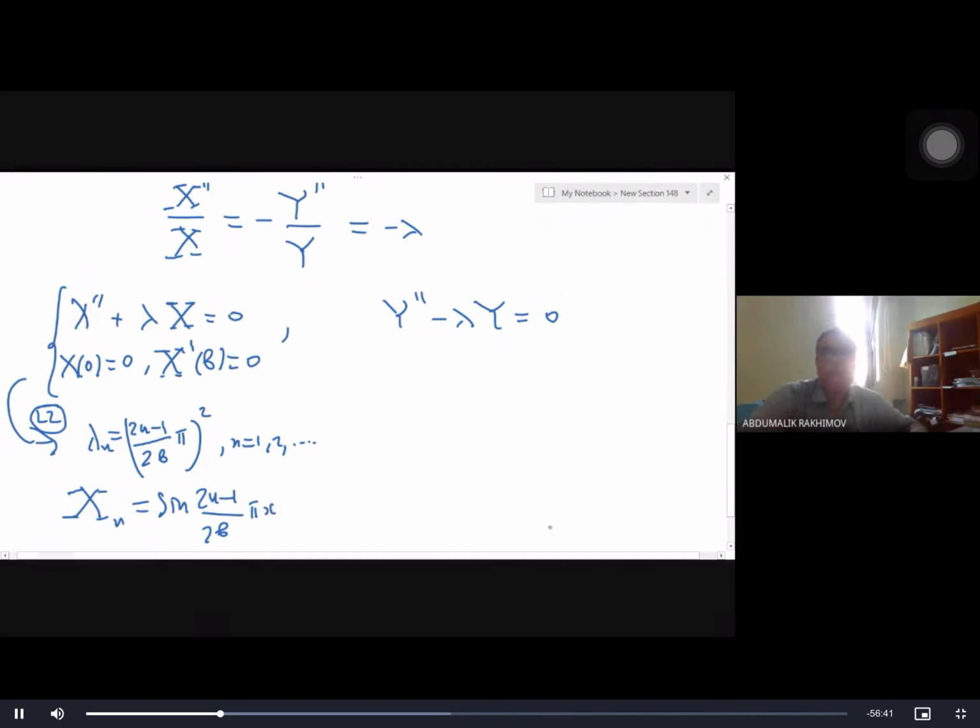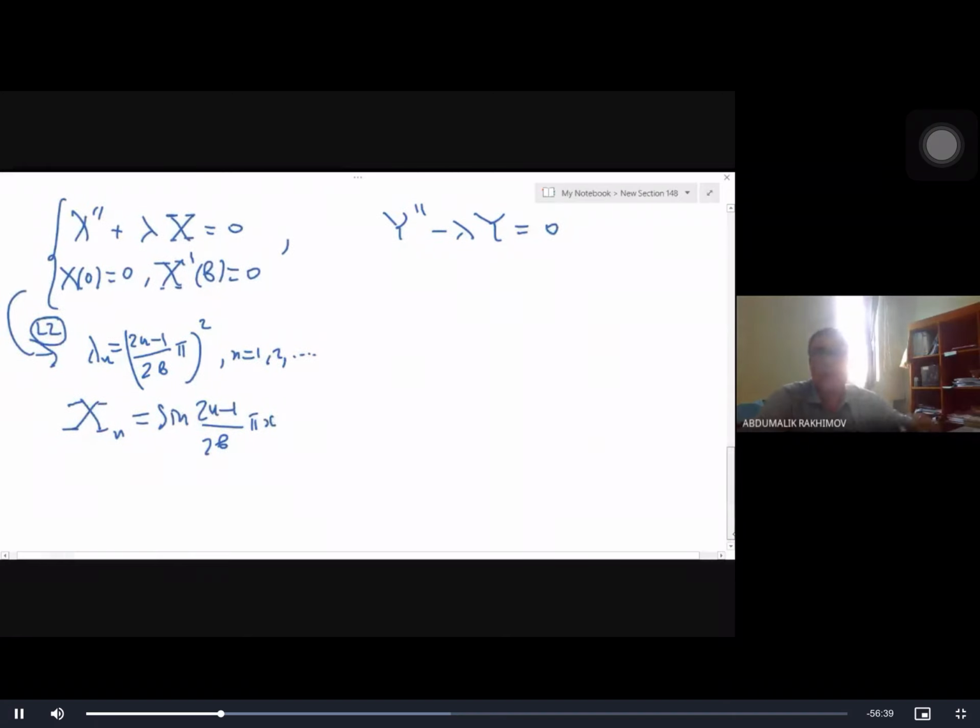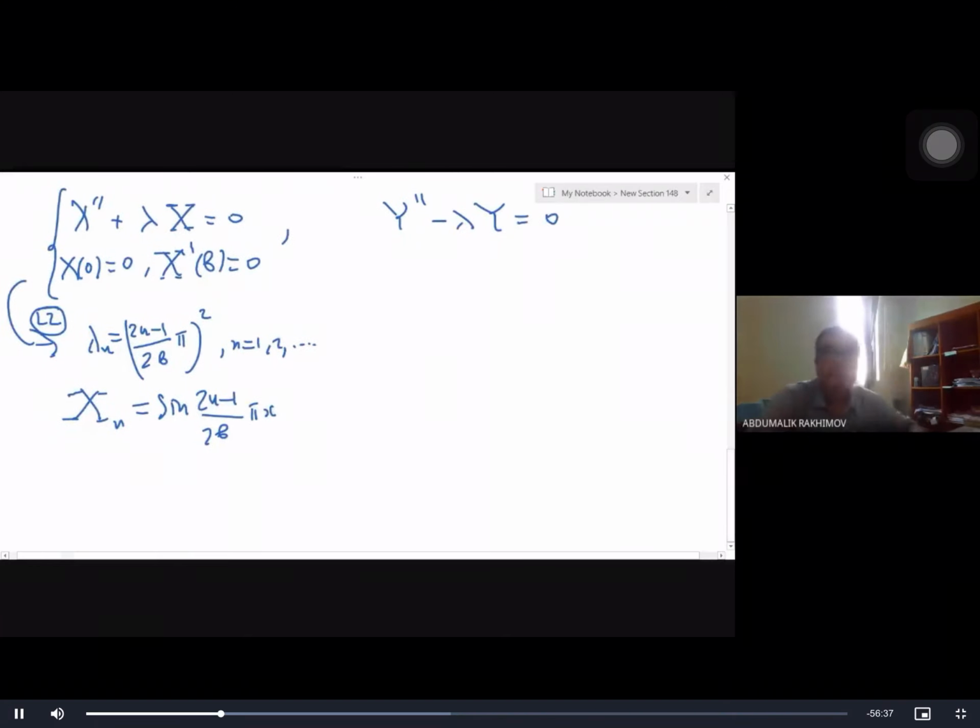Because we already found lambda, we can write here Y double prime minus ((2n minus 1) over 2b pi) squared times Y is equal to 0.